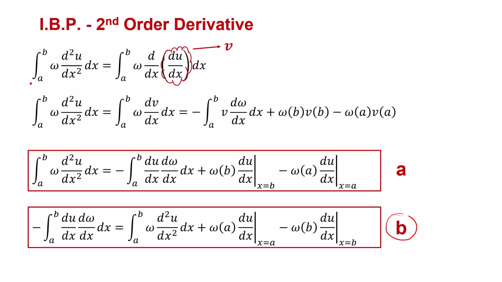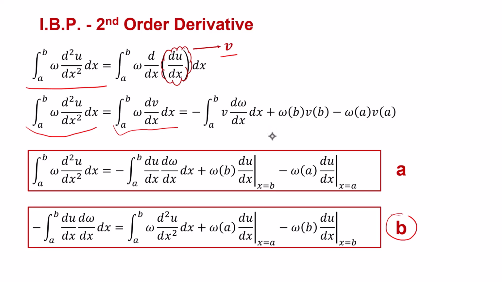Now let's apply integration by parts to a second order derivative. We start with this integral from a to b of w d2u over dx2, and to make it easier, we assume that dw over dx is v. Substituting this into the equation, we will have the original integral equal to this one.